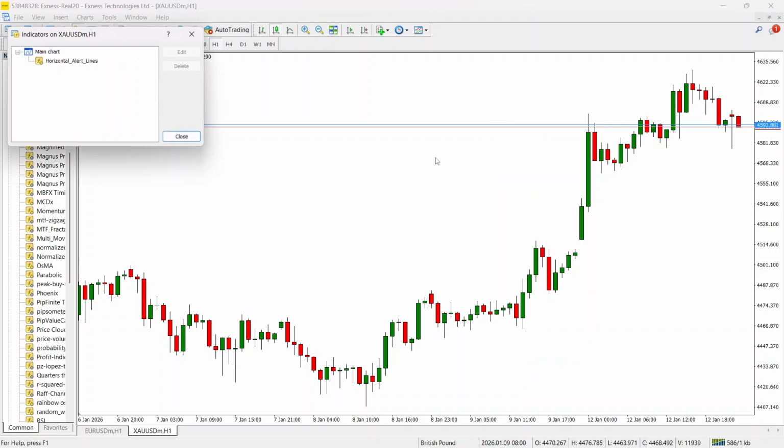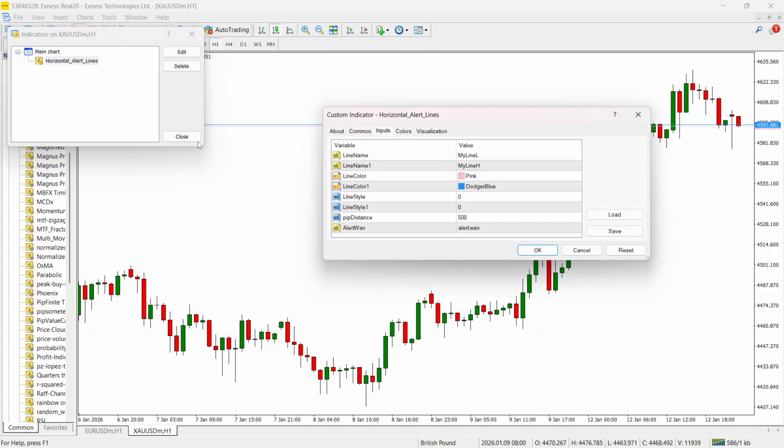Now if we go to its settings, we can change its name from my line L to support and my line H to resistance, and we can change its color.